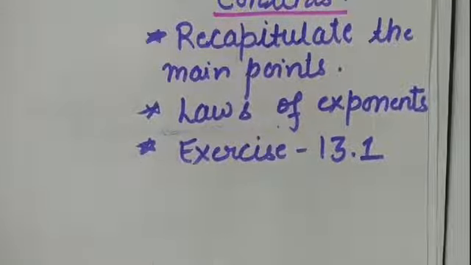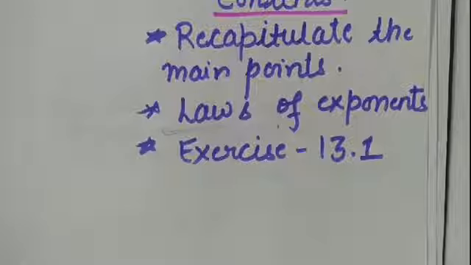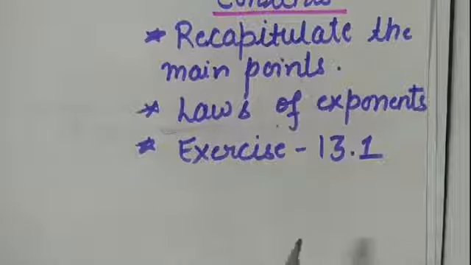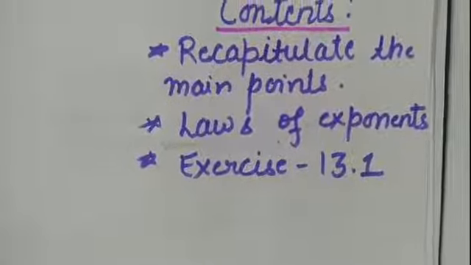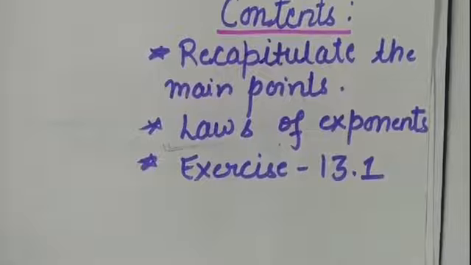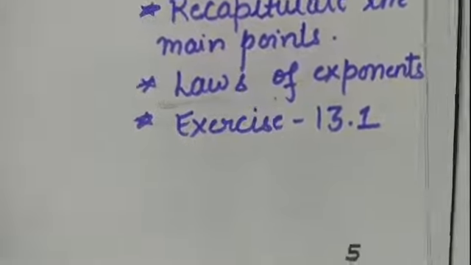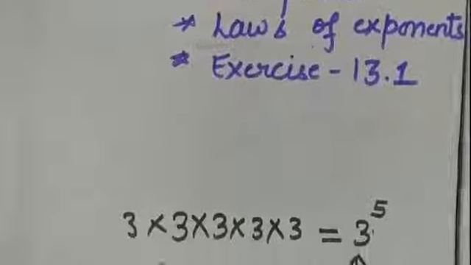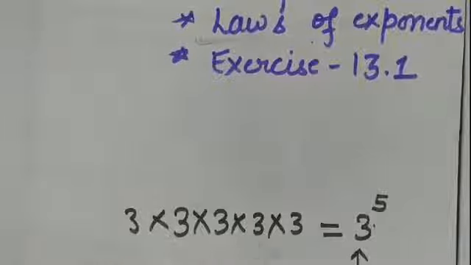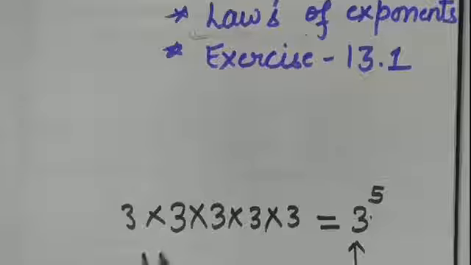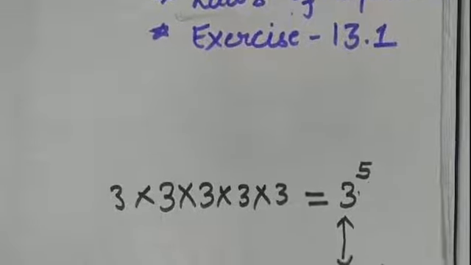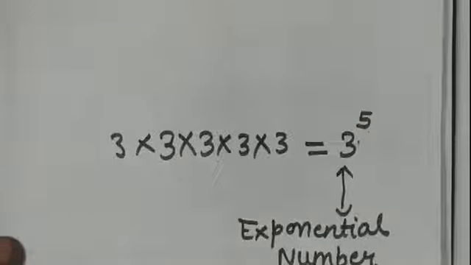So, in the previous lecture, we learned that we can write large numbers in a shorter form using exponents. And we learned that repeated multiplication of a number is our exponential number.